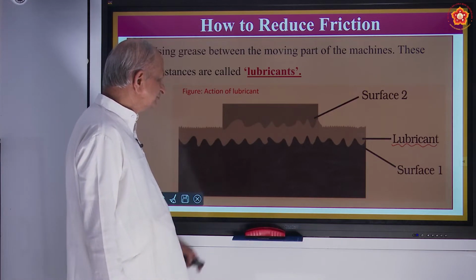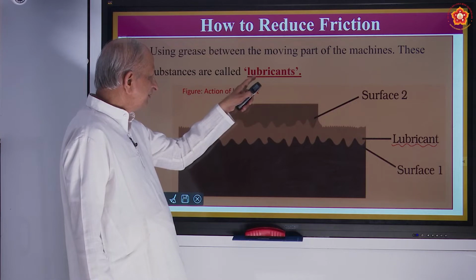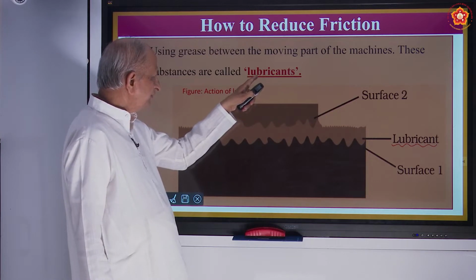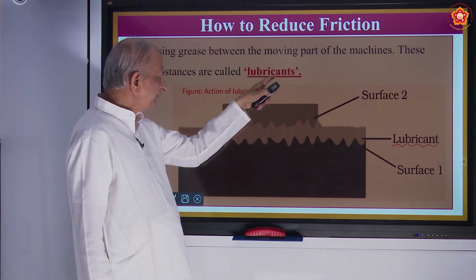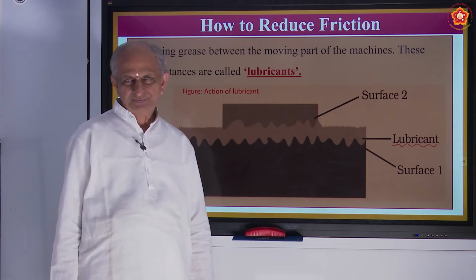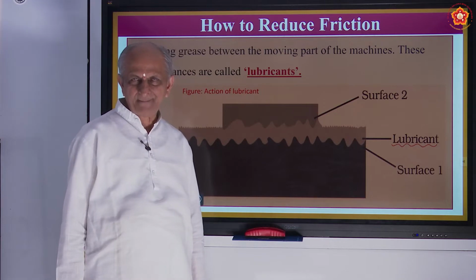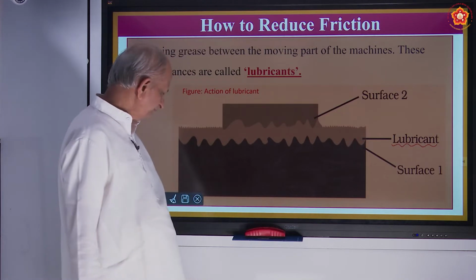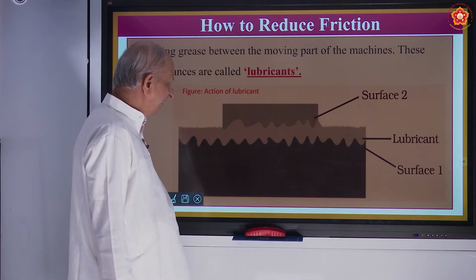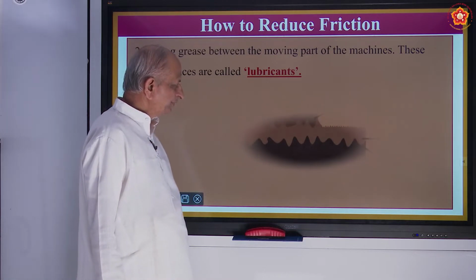So these substances which are used in the moving parts of the machines are called lubricants. For example, grease is a lubricant. There are so many substances like that, that reduce the friction.